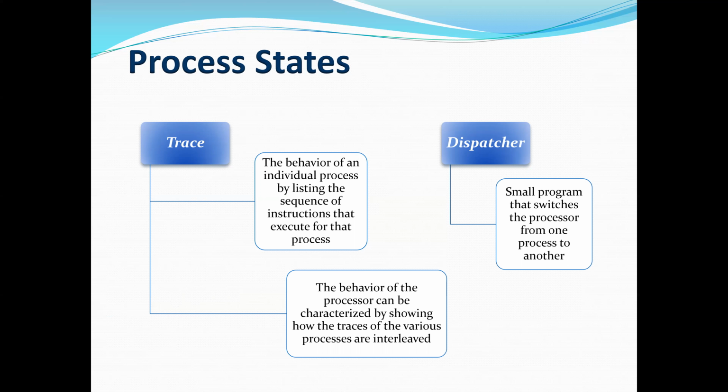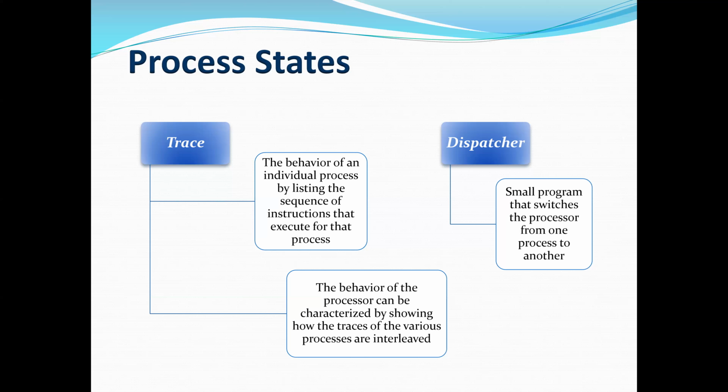Here we can also characterize the behavior of an individual process by listing the sequence of instructions that executes for that process. Such a listing is referred to as a trace of the process.